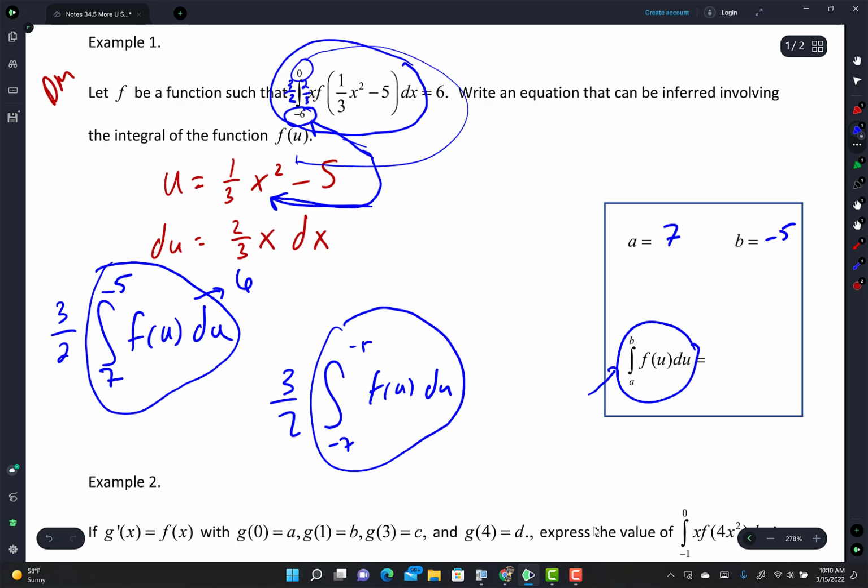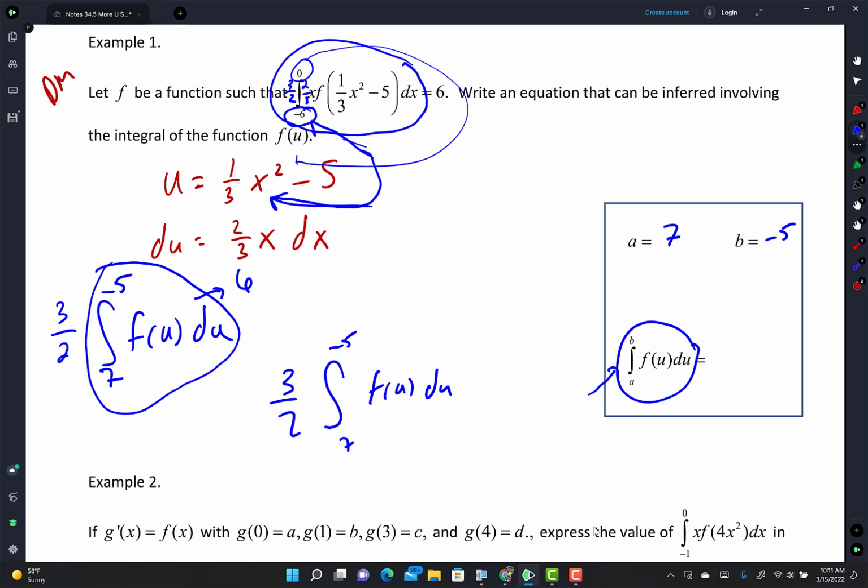This equals, okay, it's like saying this. I thought I put -5, but it didn't come out right. Oh, okay, -7. Sorry. All right, hold on, guys. That is 6. I have a 3/2 there, but I don't want that.